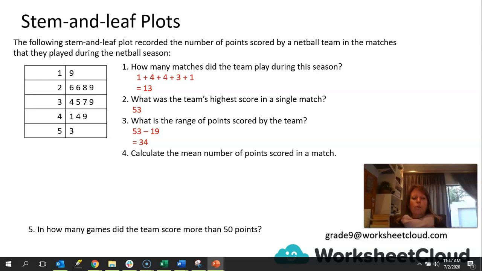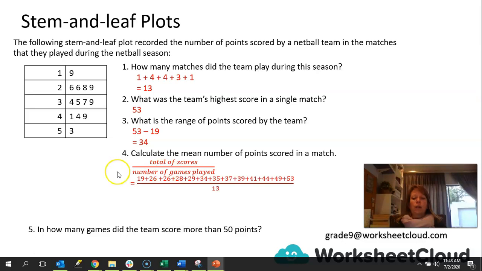All right, so what would we do? We would take every single score that they scored, add that up together, and then divide it by the number of matches. So we know the number of matches is 13. We haven't added up each match individually, so that's what we need to do. It's the total scores divided by the number of games played, and it's quite a long calculation.